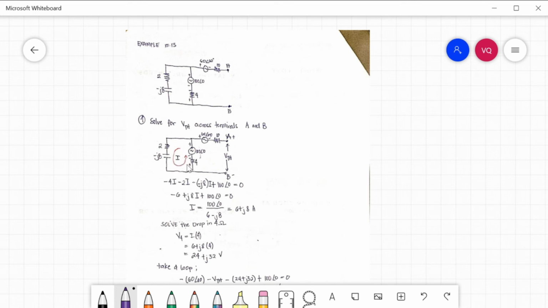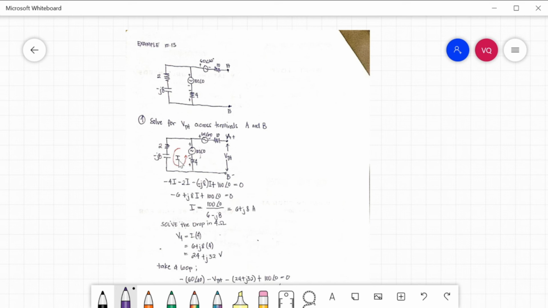Calculating the current in this loop, by KVL we have negative 4I minus 2I minus negative J8I plus 100 angle 0 equal to 0. Solving for I, we have 100 angle 0 divided by 6 minus J8, that is 6 plus J8 amperes.